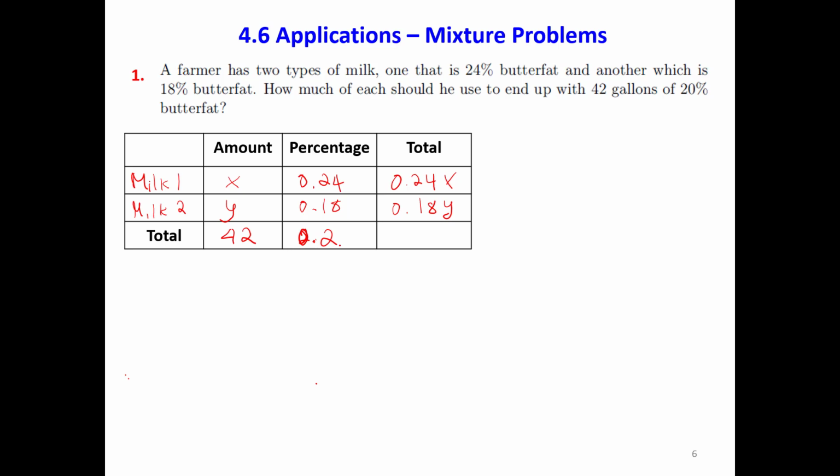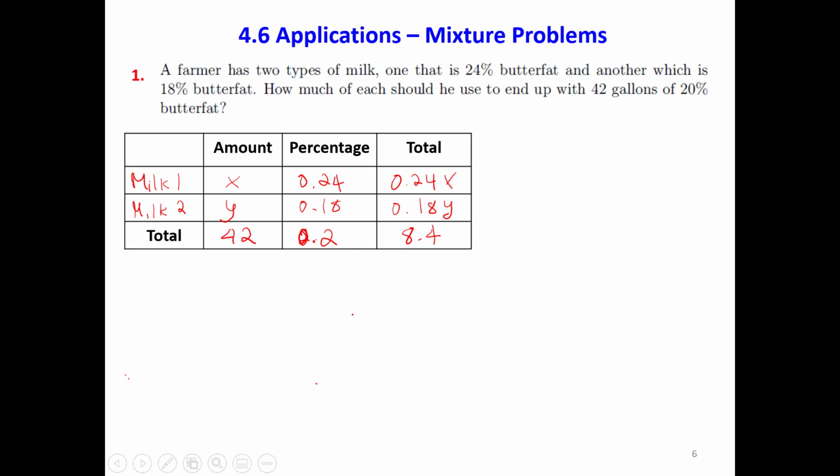To get the last column, we multiply 42 times 0.2 and we will get 8.4. In the same way, we multiply X times 0.2 to get 0.2X.